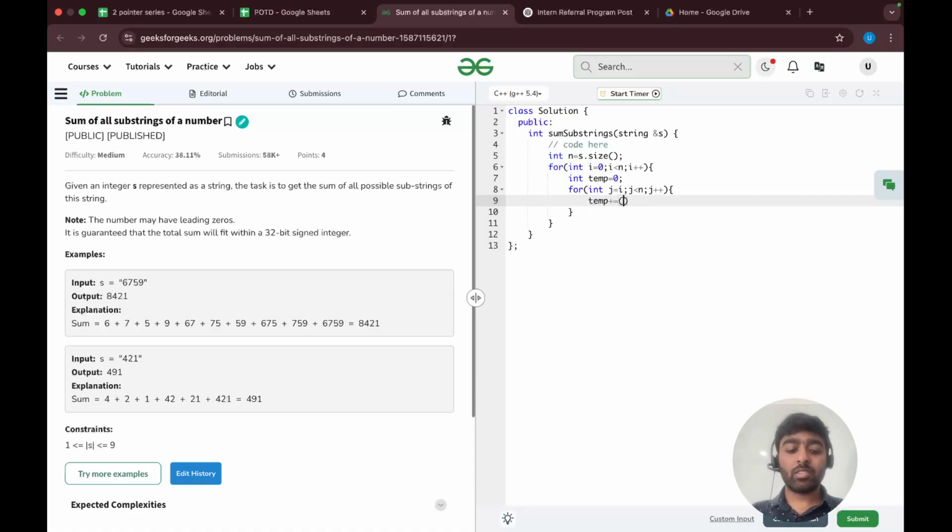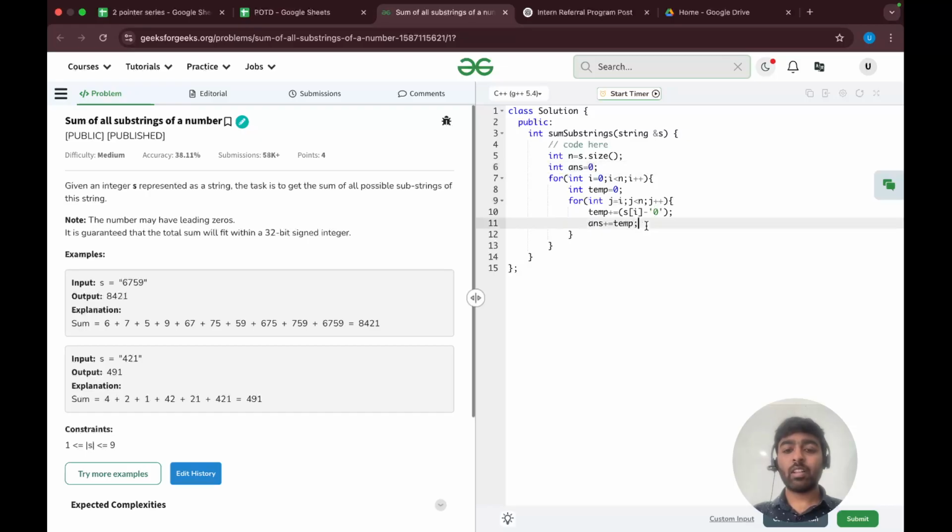So temp plus equal to s of i minus '0'. It will give me the int number. After this I will add temp to my answer. So I also have to create an answer variable here, and after that temp is equal to temp into 10.